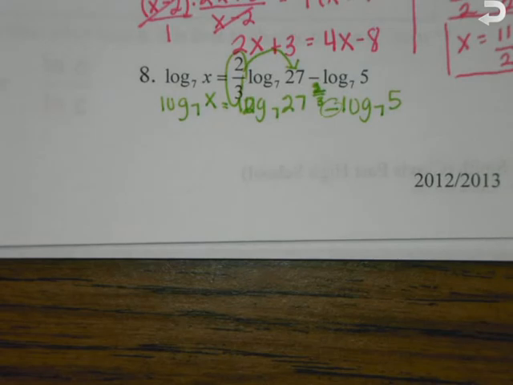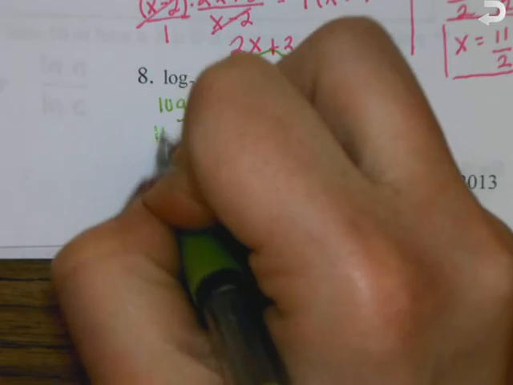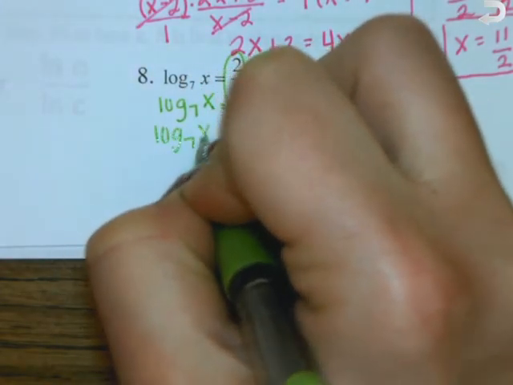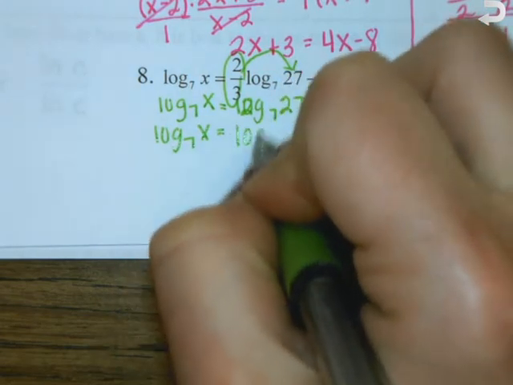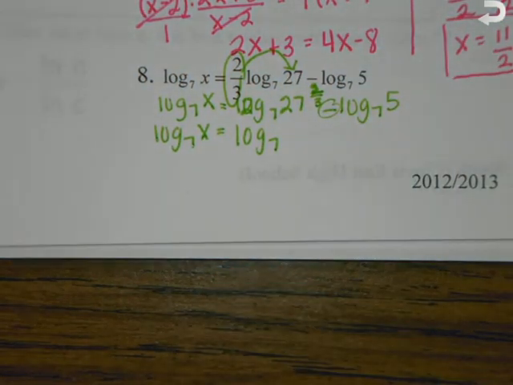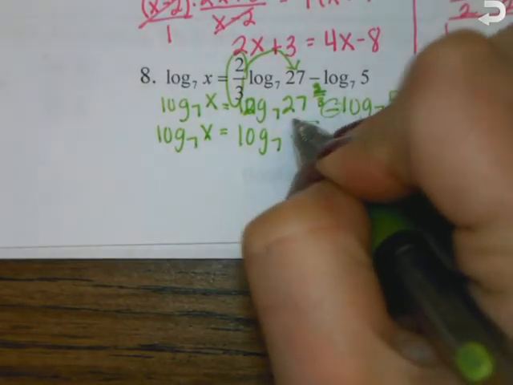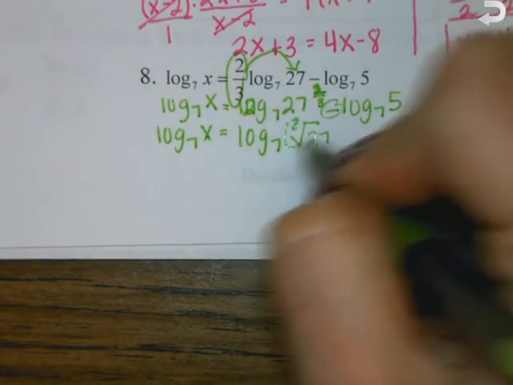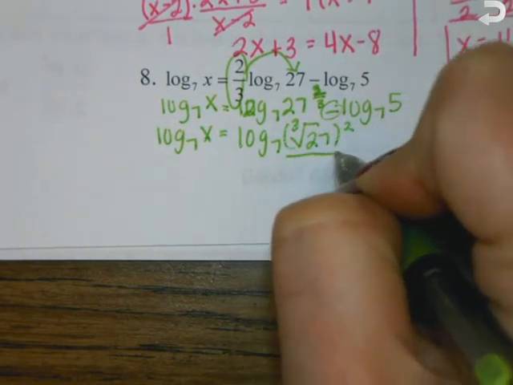So let's log base 7 of x equals log base 7, and I'm going to rewrite 27 as a radical. How would you rewrite 27 to the 2 over 3 as a radical? Cube root of 27 squared, and then we're going to divide all that by 5.